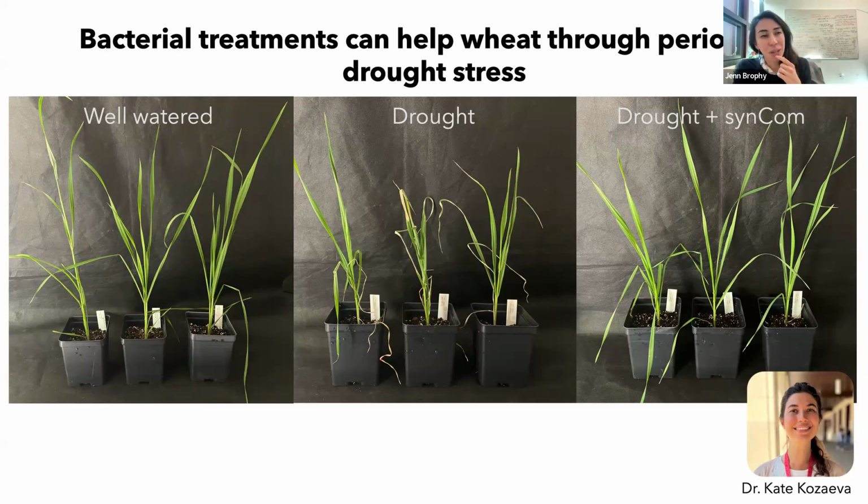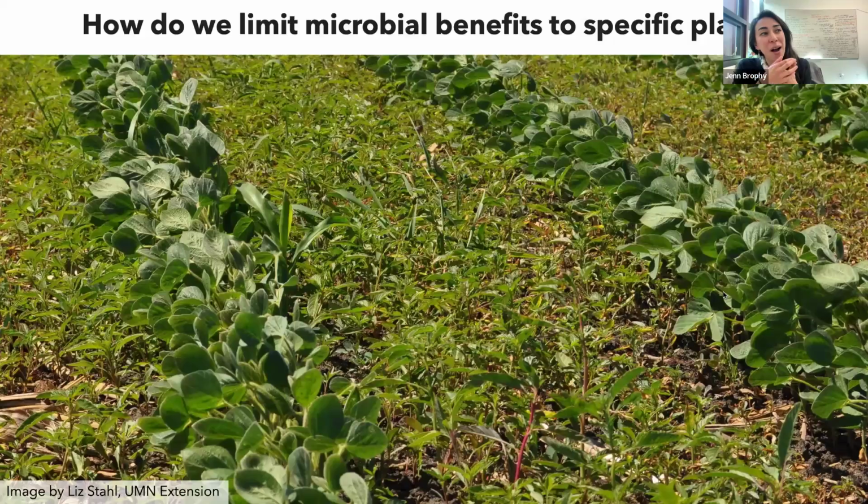But one of the questions it raised for us was, if we can create these communities of bacteria that help plants survive periods of drought, how do we limit that benefit to specific plants? This is a picture of soybean plants growing in rows in the field, and you can see the massive number of weeds that are also growing in these fields.